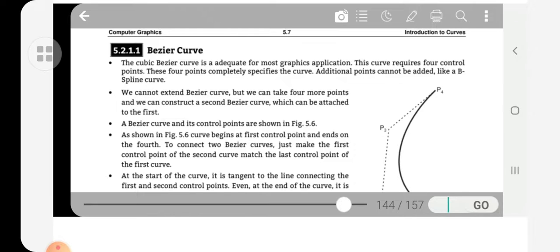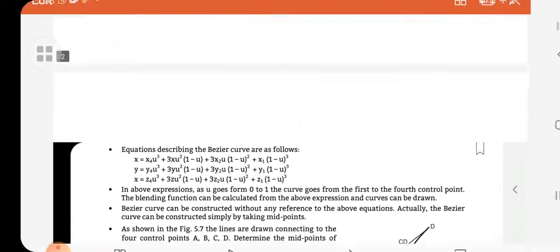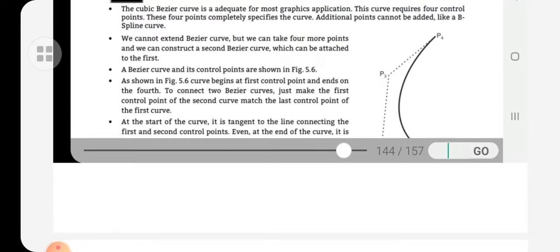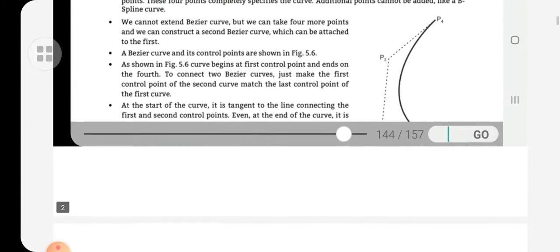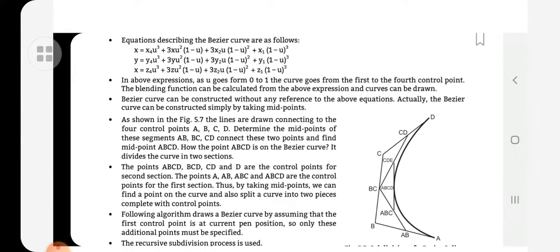To connect Bezier curves, just make the first control point of the second curve match the last control point of the first curve. At the start, the curve is tangent to the line connecting the first and second control points, and likewise at the end of the curve. The equations describing the Bezier curve are as follows.